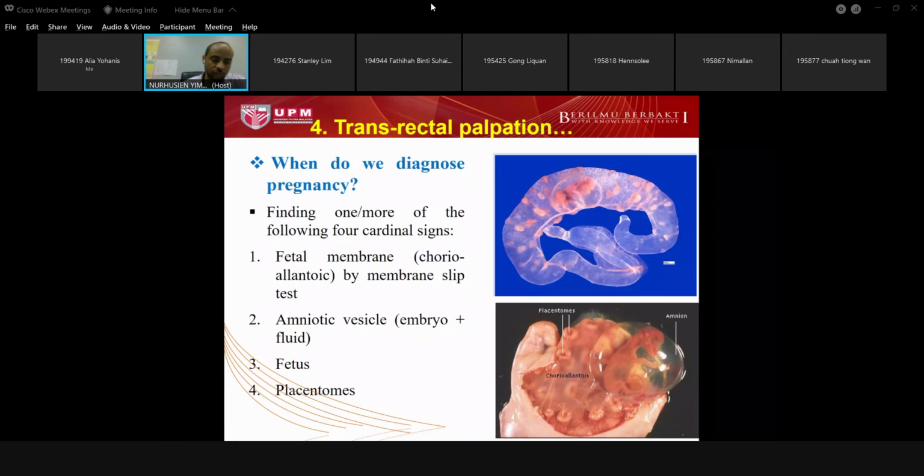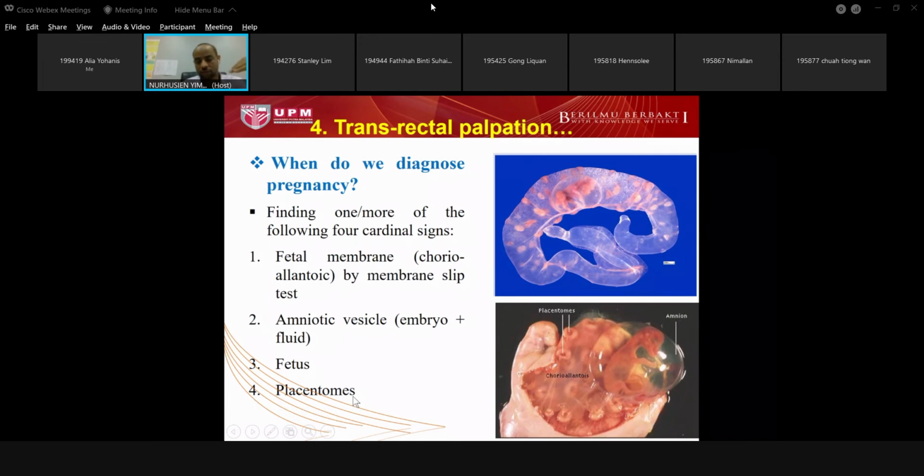Another important variable you have to look for to ensure that the cow is pregnant is the placentomes. But bear in mind that, as with the fetus, placentomes do not appear during early stage pregnancy.